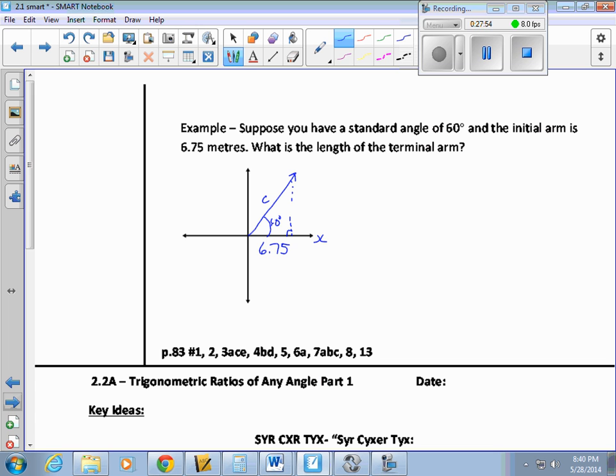So I'm going to find cos of 60 degrees, and that's adjacent over hypotenuse. So cos of 60 degrees, adjacent is equal to 6.75. My hypotenuse is equal to c.